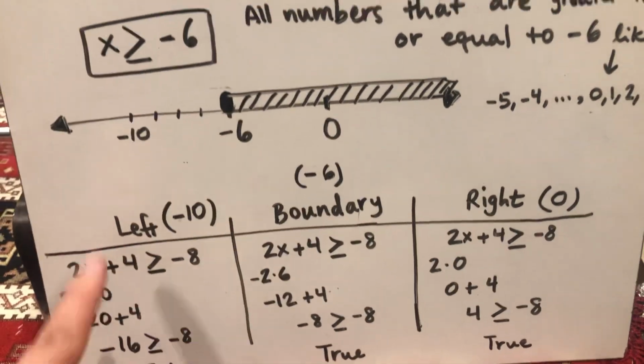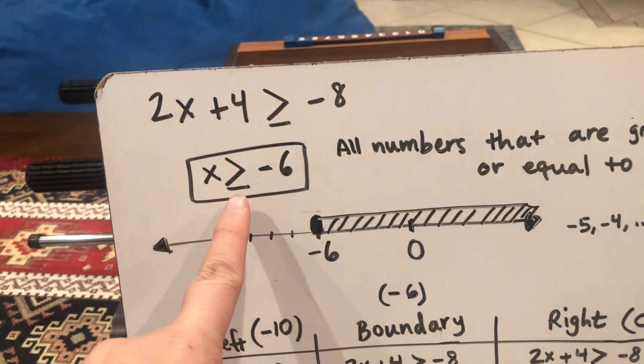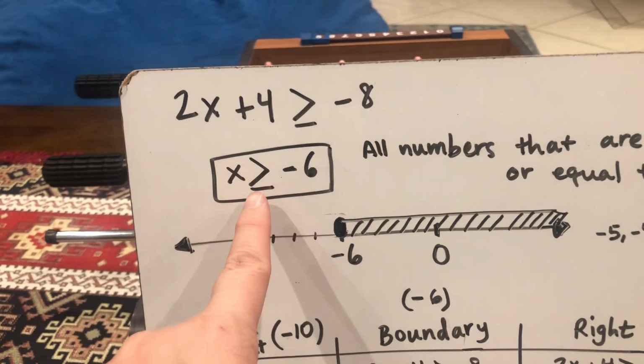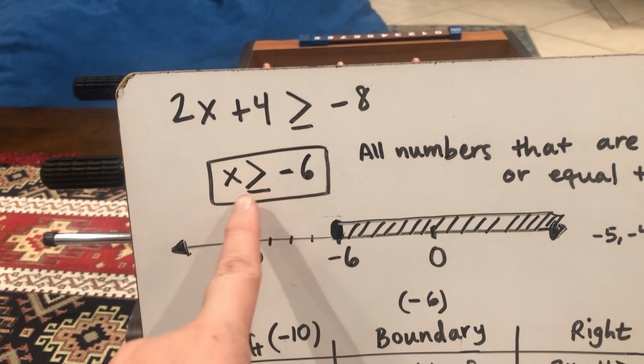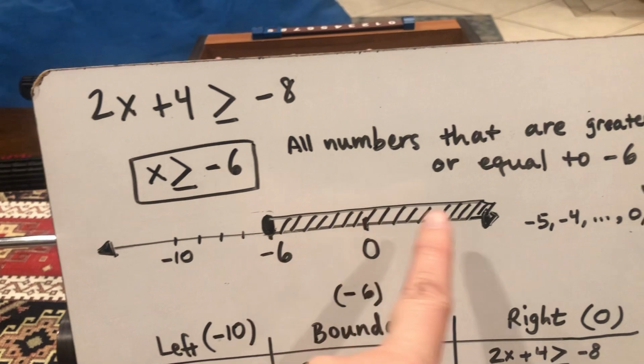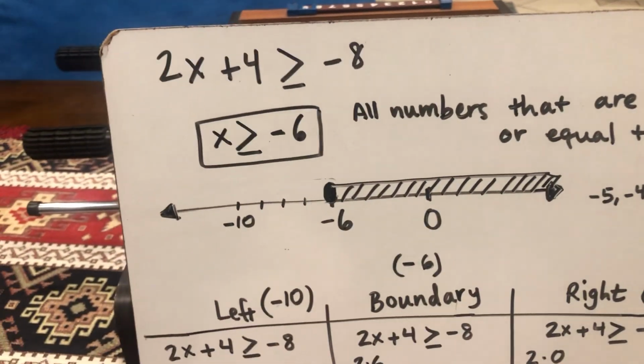If everything is fine, the reason might more than likely be that you forgot to apply the golden rule of inequalities, which means you have to flip the inequality symbol, which means you also have to flip the shading to the opposite direction.